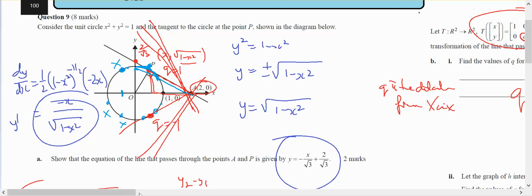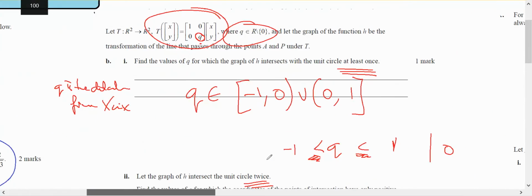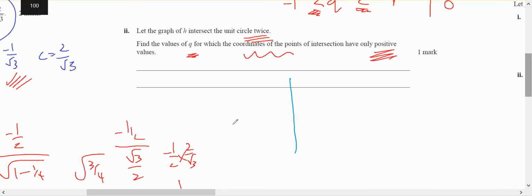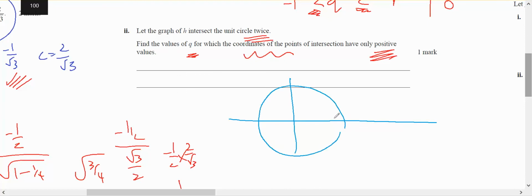Okay, so draw another picture here. I want the line to go through there, up to the line going through there. And that's when Q equals 1.